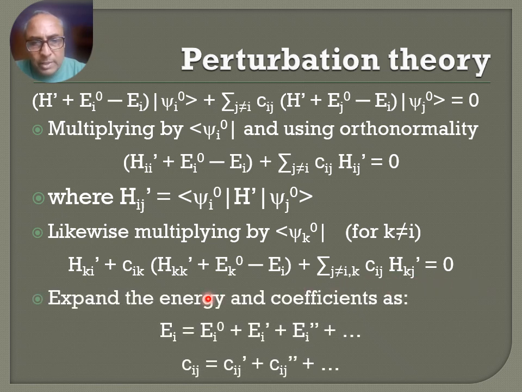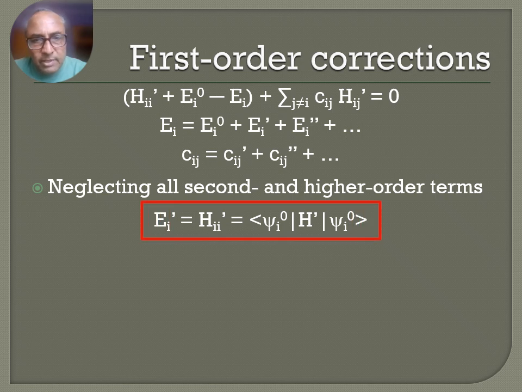0. Now we expand the energy and the coefficients as E_i equals E_i^0 plus the first order correction E_i dash plus the second order correction E_i double dash plus etc. And similarly C_ij is equal to C_ij dash plus C_ij double dash plus etc. Performing these expansions and neglecting all second order and higher order terms in this equation, we see that the second term goes to 0, since substituting C_ij in here, all terms have two or more primes, that is, they are of second order or higher.